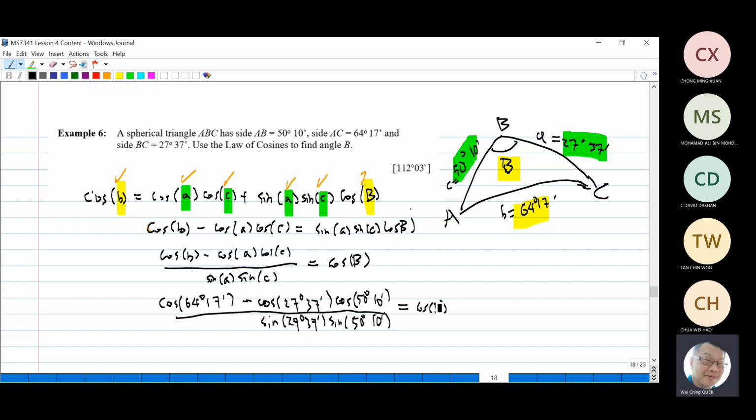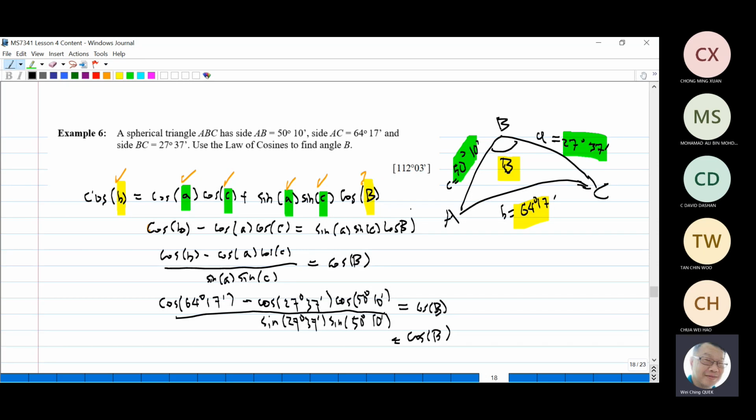So now try to find cosine B. Press the calculator here.